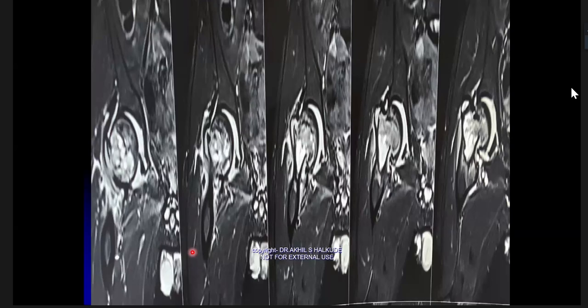So, GCT. Presence, I'm telling, presence of periosteal reaction in the absence of pathological fracture rules out those lesions. So fibrous dysplasia, NOF and enchondroma, unless there is a pathological fracture, do not present with periosteal reaction. So always remember basic points.